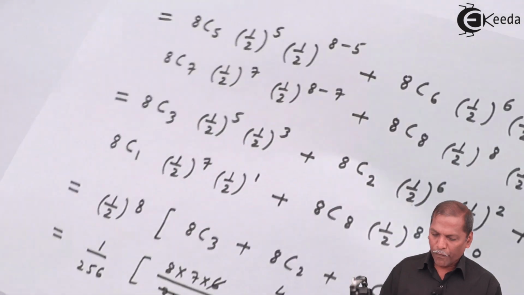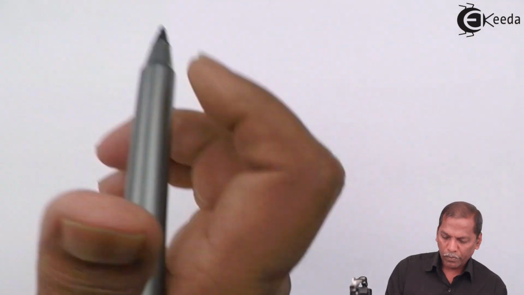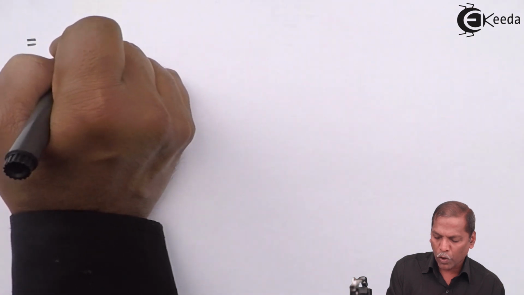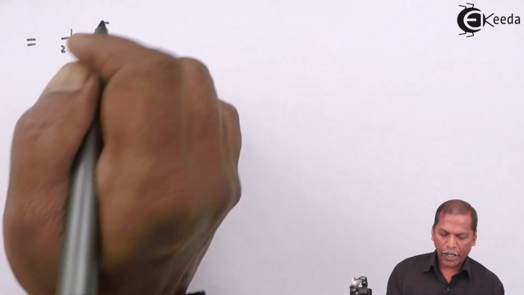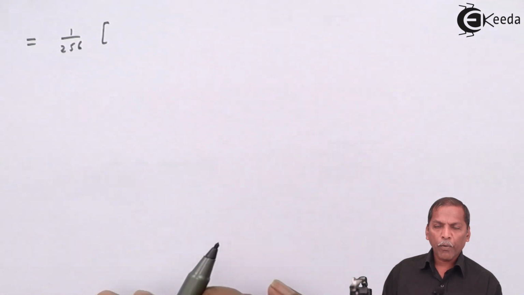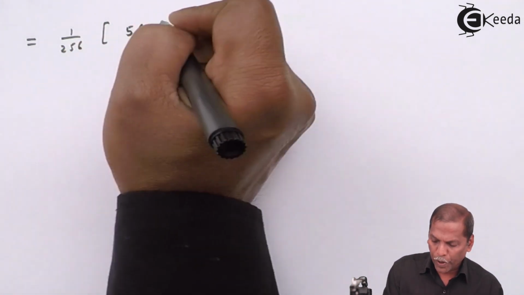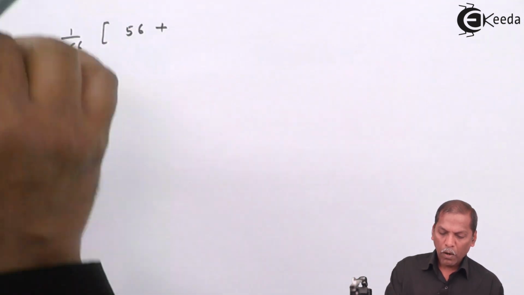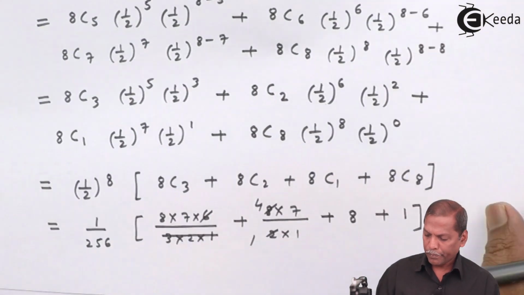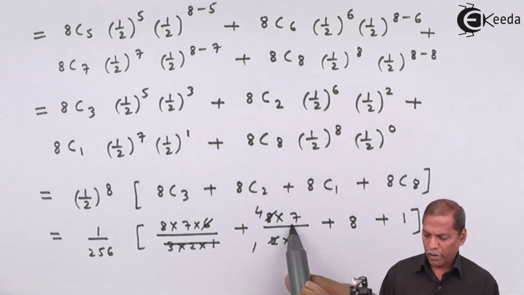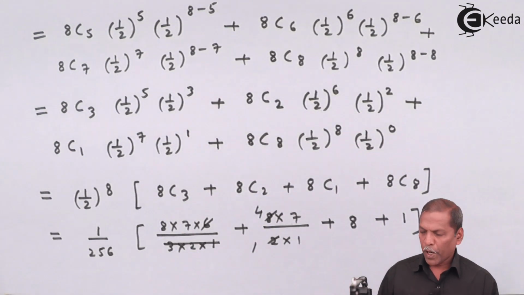So on simplifying further we get 1/256 in bracket. From the first part we have 8 into 7, that is 56, plus from the second we have 4 into 7, that is 28, then plus 8 plus 1.